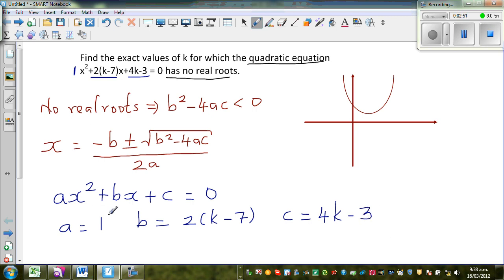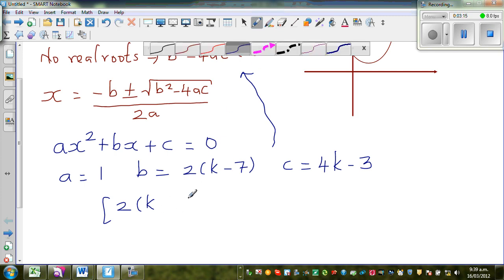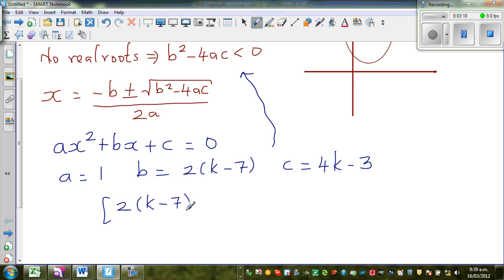Let us put a, b, and c into this inequality. So I can say 2 times (k minus 7), the whole squared, minus 4 times a, which is 1, times c, which is 4k minus 3, is less than 0.